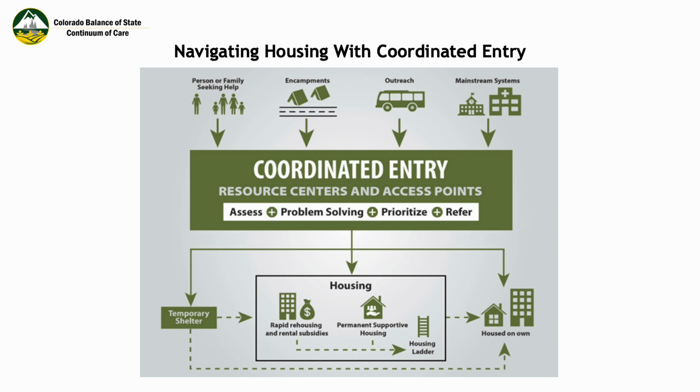Navigating housing with coordinated entry. As you can see in this graphic, coordinated entry allows people experiencing homelessness to connect, be assessed, work through problem solving, be prioritized, and referred to housing through one community-led system and process.